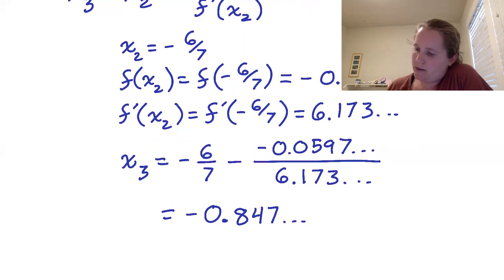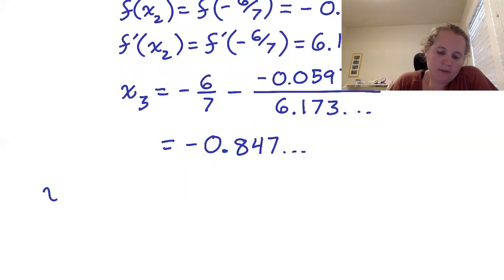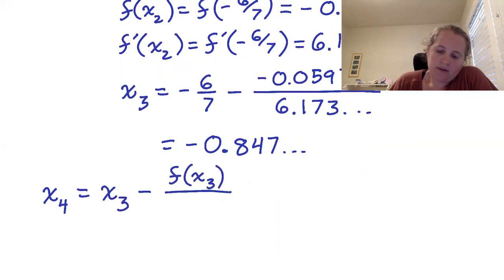So if I store this in my calculator, then I can go through and find x4. So x4, we are looking at x3 minus f evaluated at x3 divided by f prime evaluated at x3.